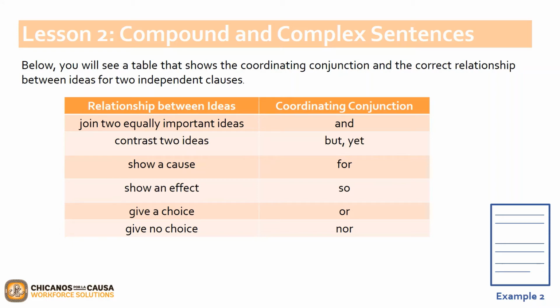For the first row, for relationship between ideas, it says join two equally important ideas. The coordinating conjunction for this would be the word and. In the second row, it says contrast two ideas. The coordinating conjunction for this would be the words but and yet.